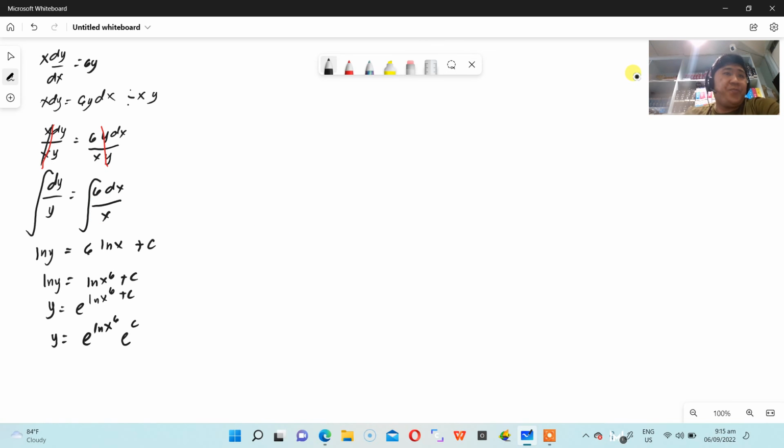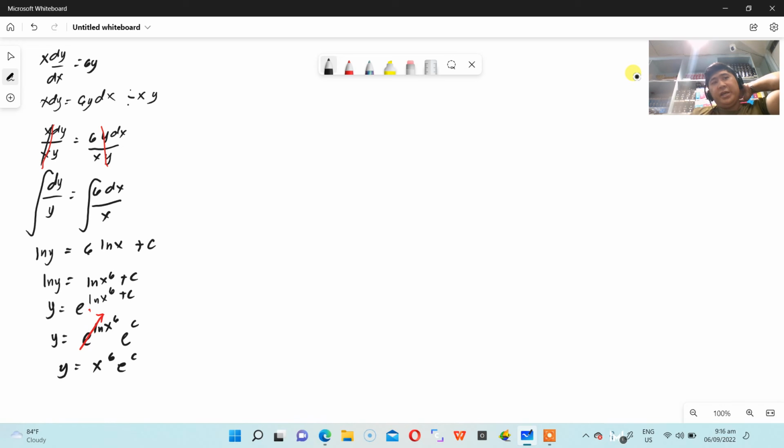From there, we could have this one as 1. So we now have y equals x raised to the power of 6 times e raised to the power of c.